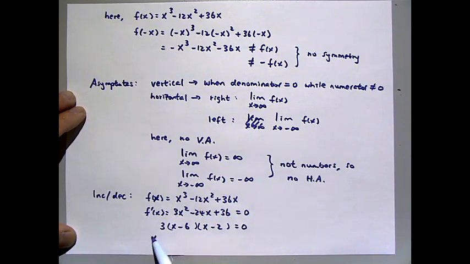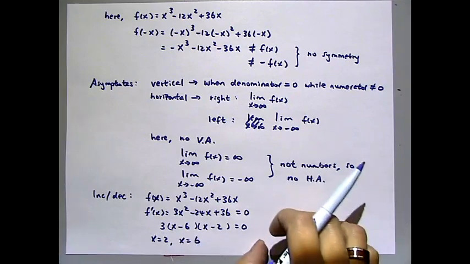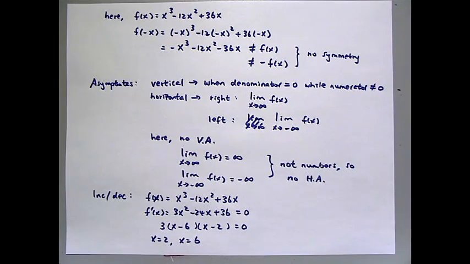So we see x is equal to 2 or 6. That's also the locations of potential max or min. We'll find out as soon as we find the increasing, decreasing intervals.